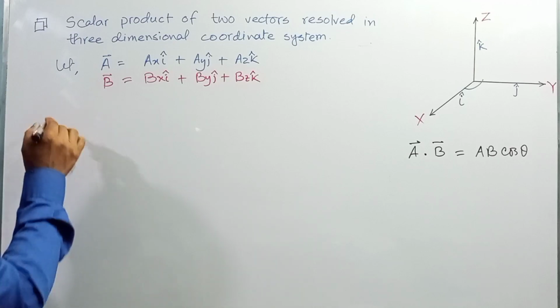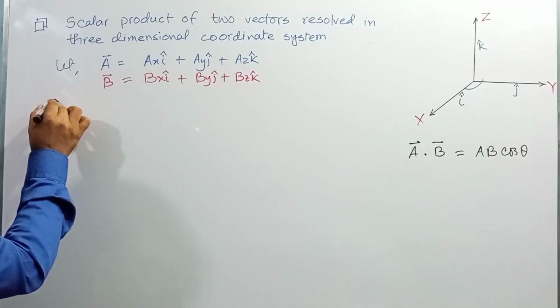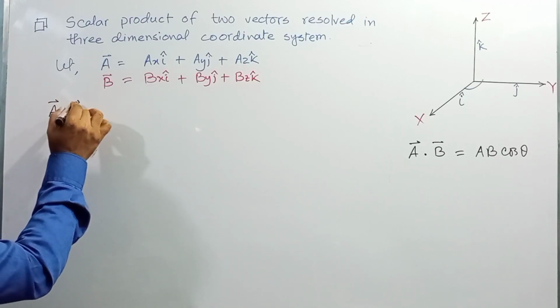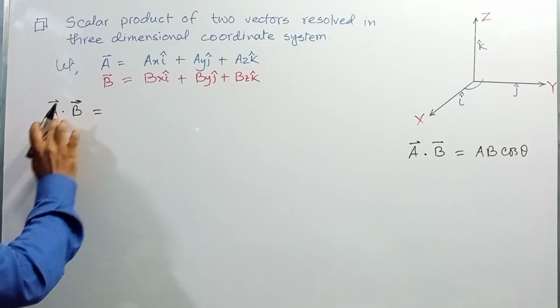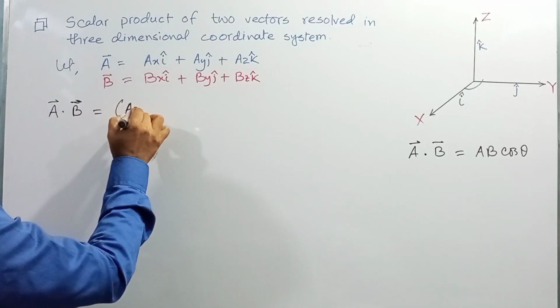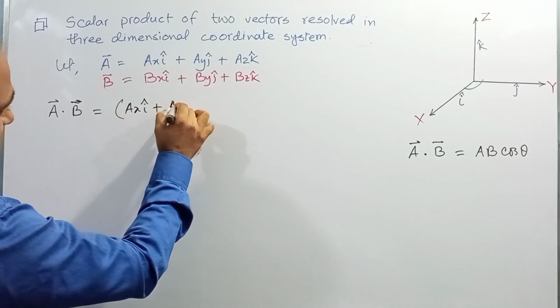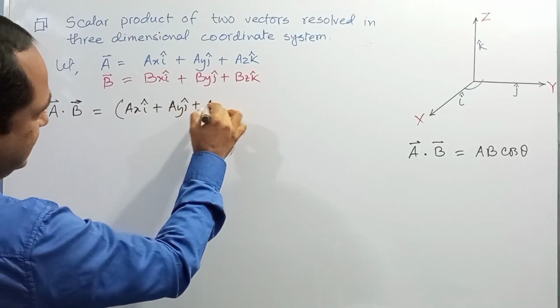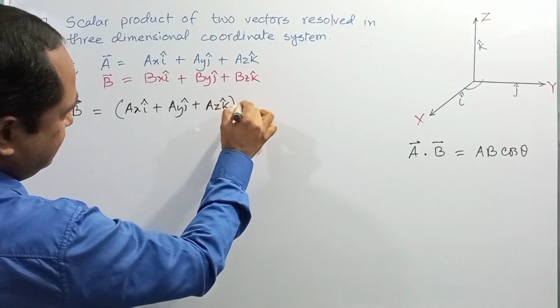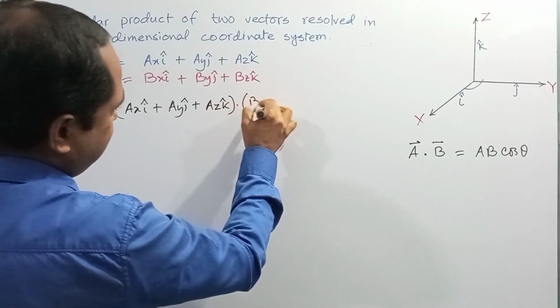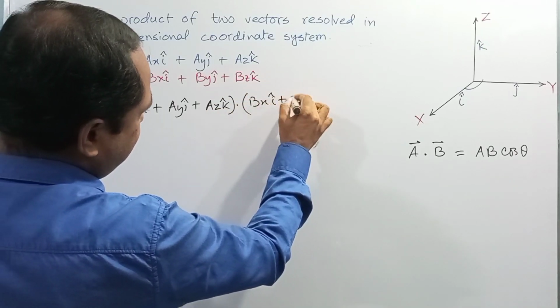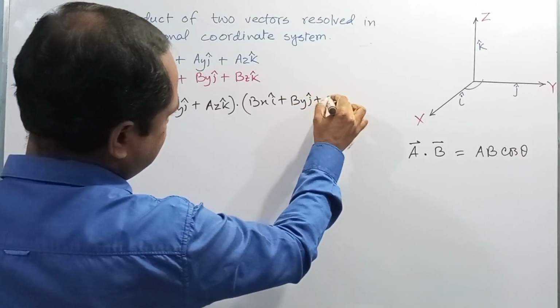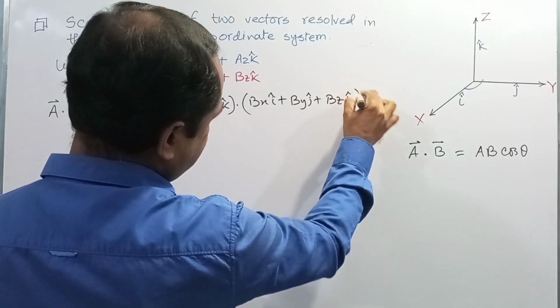Now A dot B. So the value of A is ax i plus ay j plus az k dot bx i plus by j plus bz k.